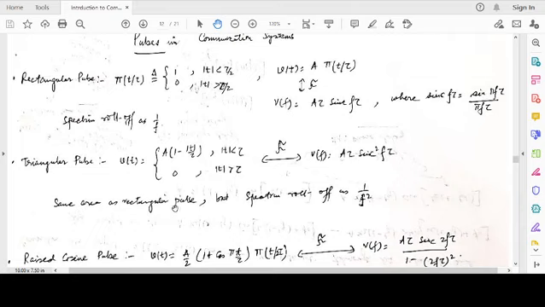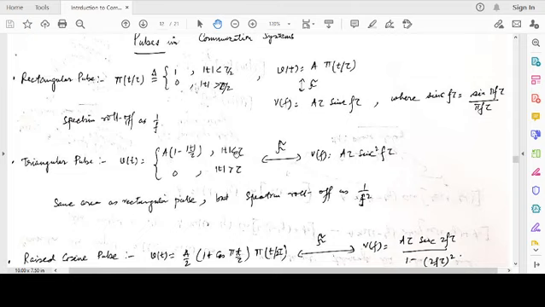So for the same area as a rectangular pulse, you see here the rectangular pulse has an area. For the case of the rectangular pulse, the amplitude is a, and the pulse duration is minus tau by 2 to plus tau by 2, so a tau is the total area. The triangular pulse has its maximum amplitude a at t equal to 0.